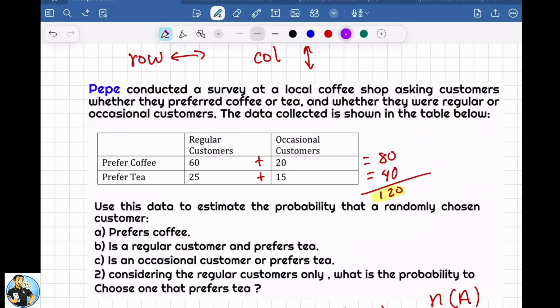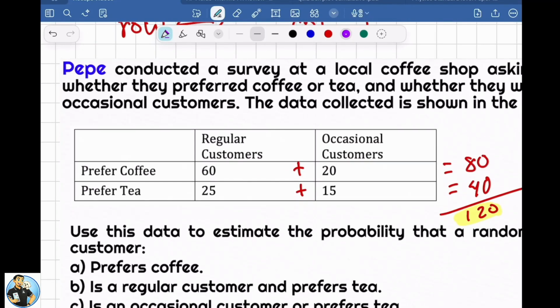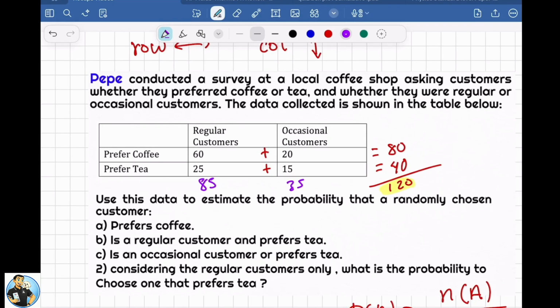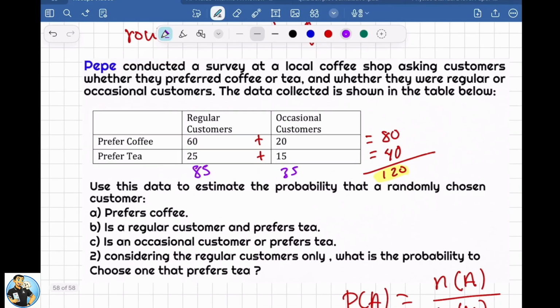You can sum 60 plus 25, this is 85. Then 20 plus 15, 35. Then we sum these and we get the same result, 120. So this is step number 1: to find the total number of possibilities or outcomes. Now we have the 120.